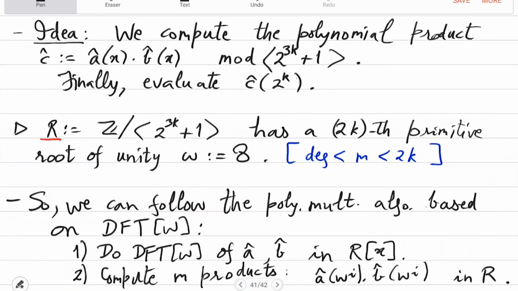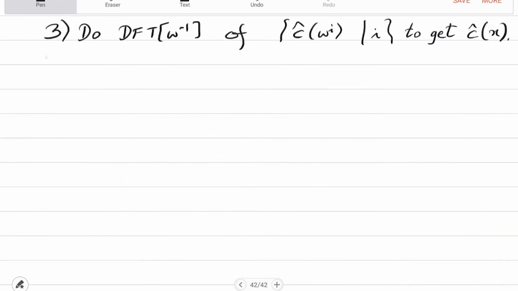C hat is just this. So from these values you can recover C hat as a polynomial, and then you compute or output C hat's value at 2 raised to k. So this is A times B.